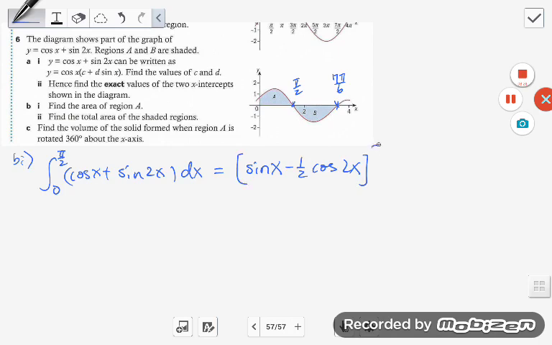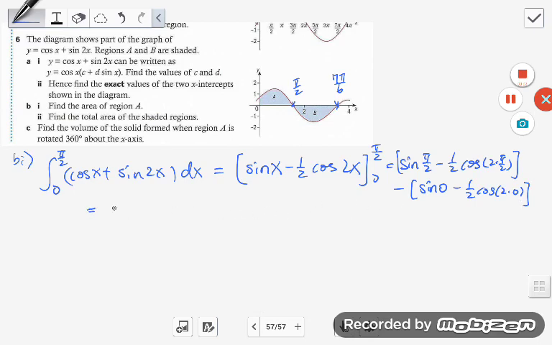Then I substitute the values: sine of half pi minus half of cosine 2 times half pi, minus sine of 0 minus half of cosine 2 times 0.